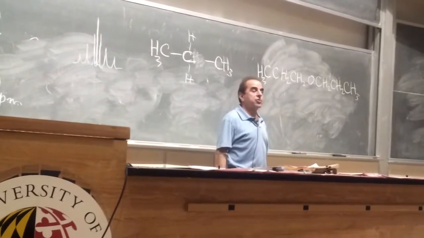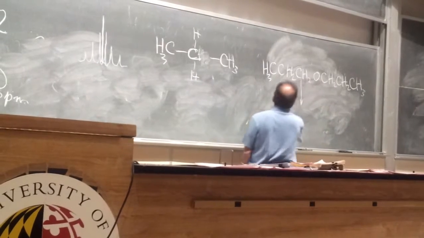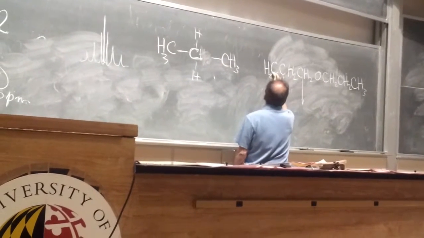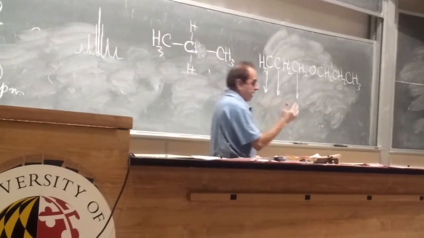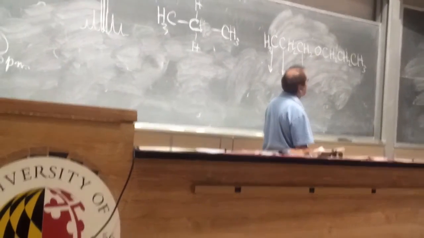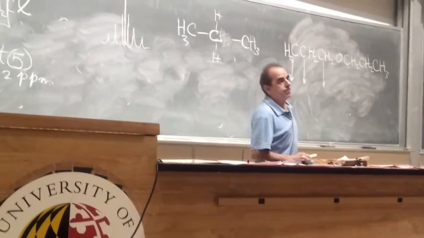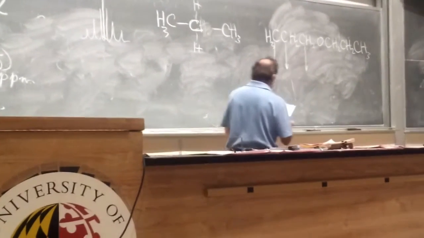Which one would be the most deshielded? The most deshielded, less deshielded, definitely not very much deshielded. Alright, because as they go further away from oxygen, which is electronegative, the deshielding effect disappears, really.